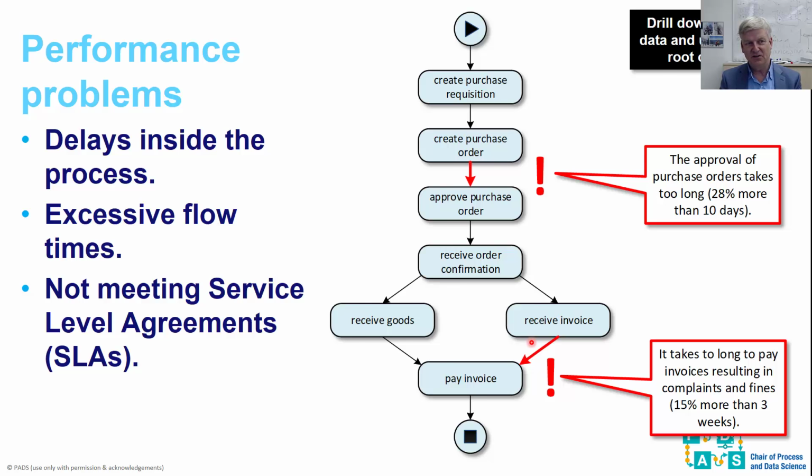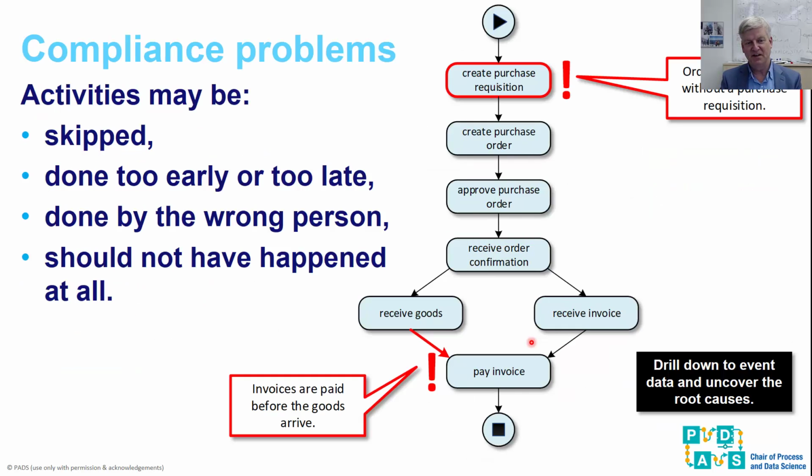So we can address performance problems and we can address compliance problems. So things that, I don't know, should have happened but did not happen, or the other way around. This may also indicate things like, for example, conflicts of interest. So there are two activities that are not supposed to be executed by the same person in order to have the so-called 4I principle.